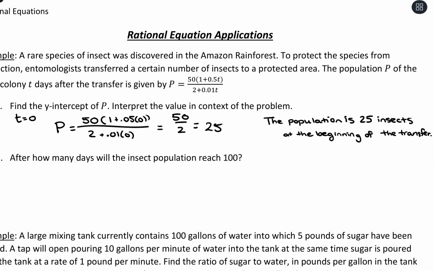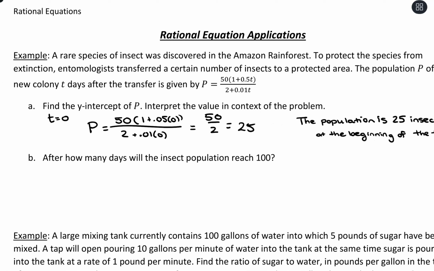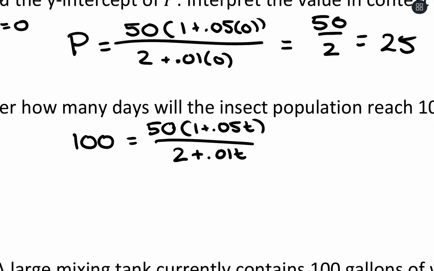Okay, after how many days will the insect population reach 100? So we're letting P equal 100 here. So we're going to have 100 equals 50 times 1 plus 0.05t over 2 plus 0.01t. So let's go ahead and multiply both sides by 2 plus 0.01t.